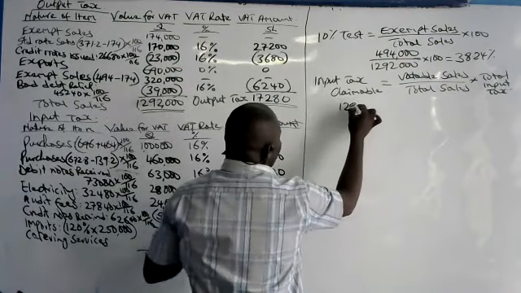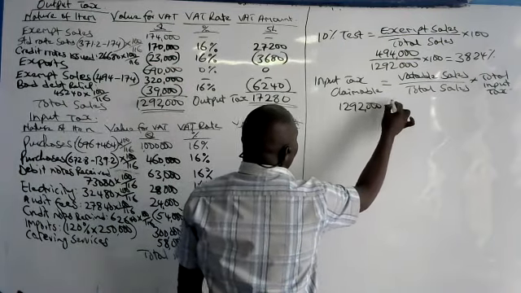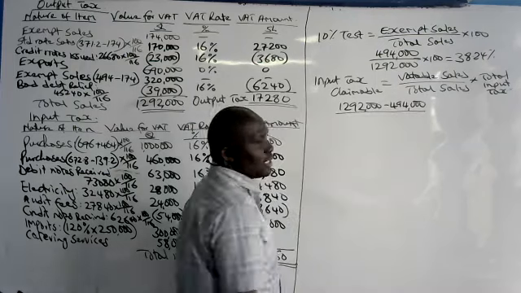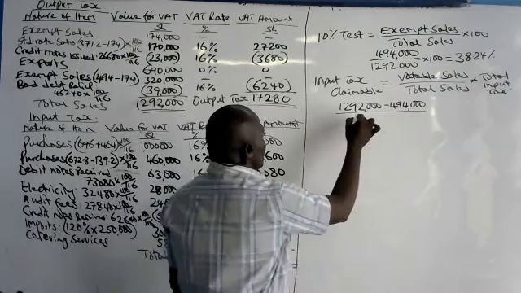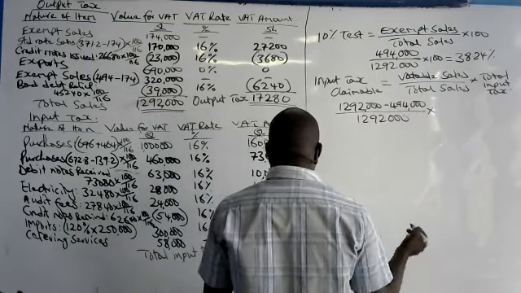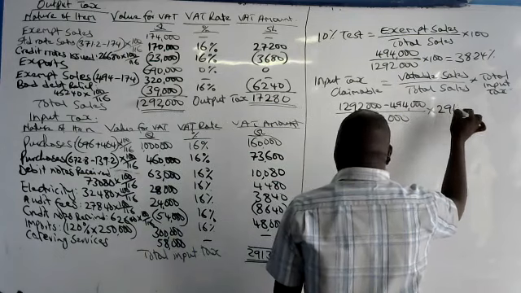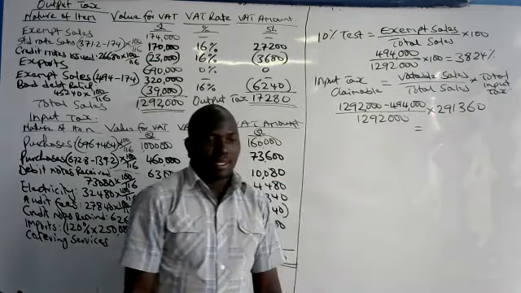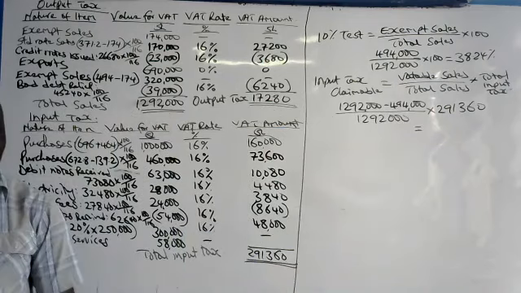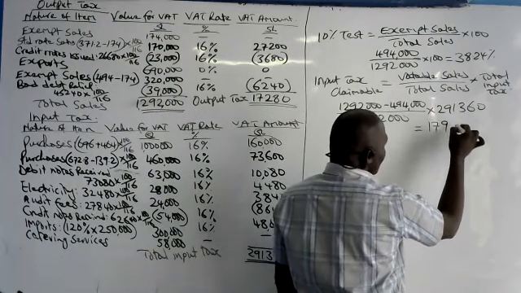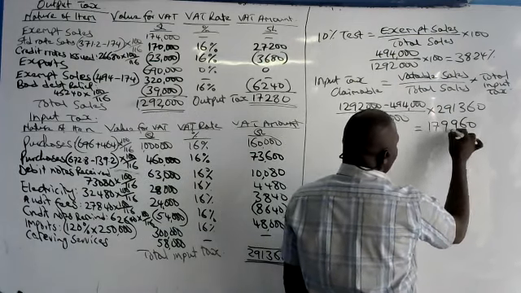That is our variable sales. We divide by total sales of 1292,000. That's the total input tax of 299,1 179 960.